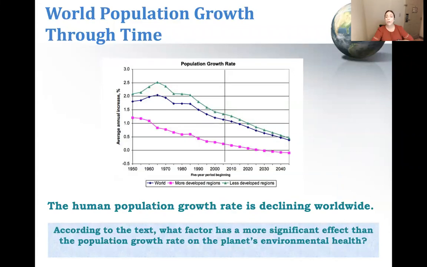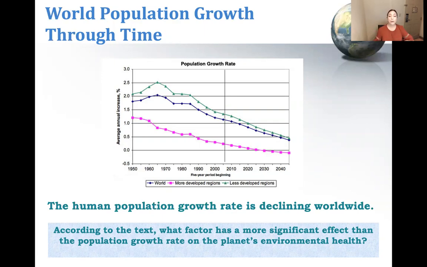There are a few regions where growth rate is not decreasing. I mentioned Central and West Africa, so that still holds true for that. But overall, the human population growth rate is declining.